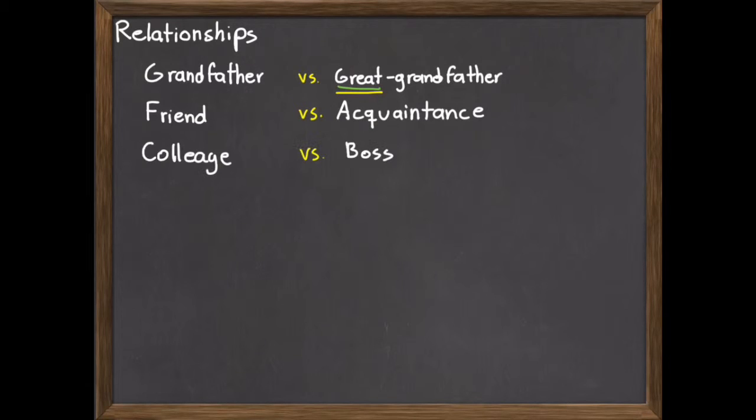Now, let's look at another couple of words. Colleague and boss. A colleague is someone who you work with, someone who might do the same activities that you do in your company, in your job, while a boss would be someone who you work for.